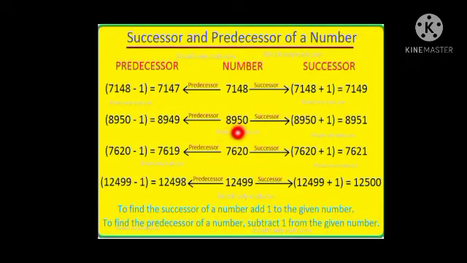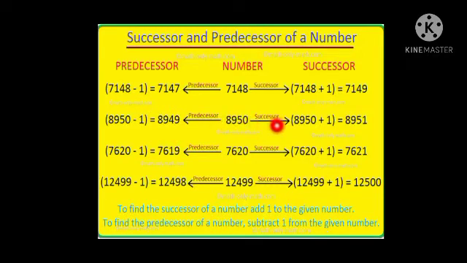8950. The given number is 8950. We have to find the predecessor and successor. To find the predecessor, you have to subtract 1 from the given number. Predecessor is nothing but the before number. 8950 minus 1 is 8949.